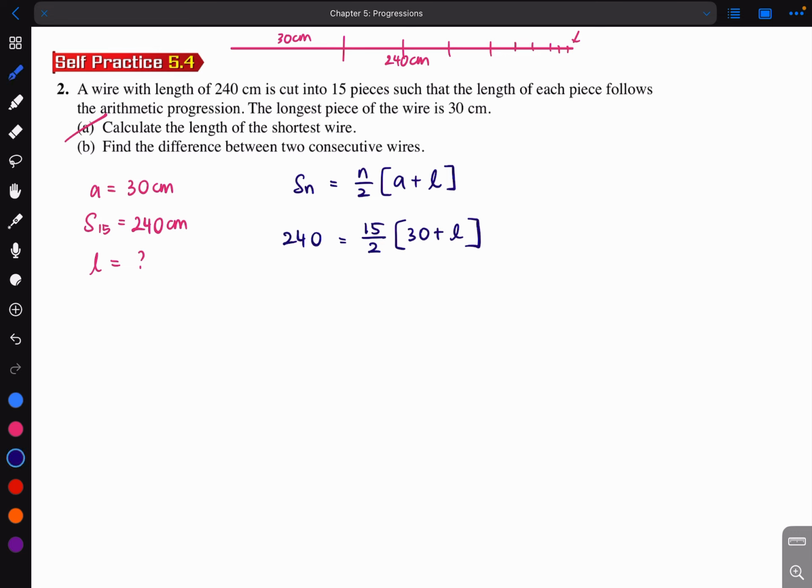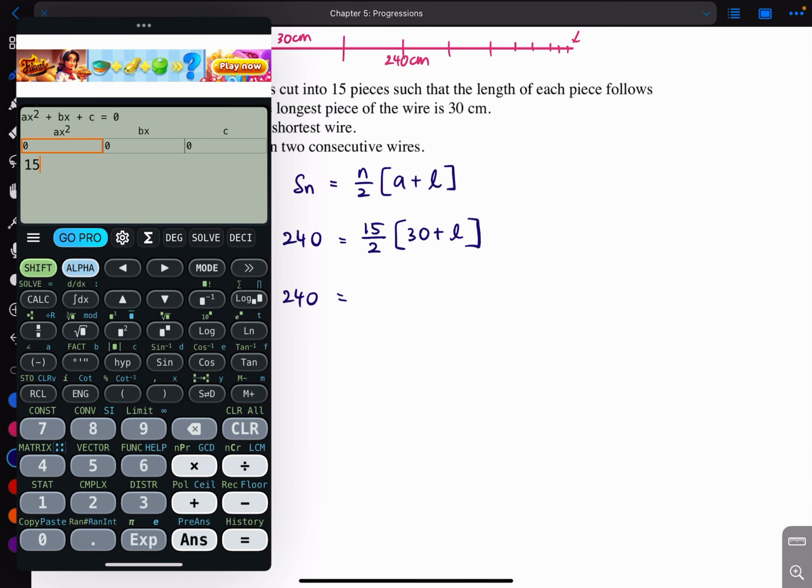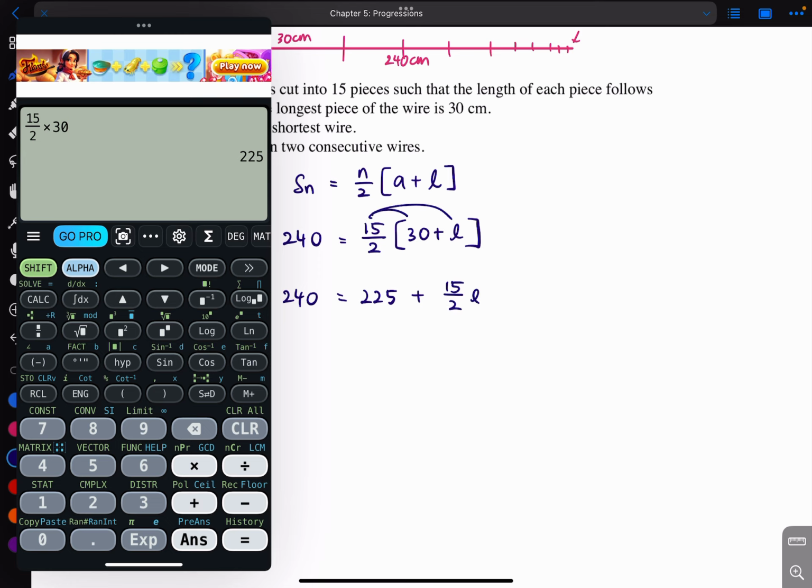Then we calculate. So 240 equals 15 over 2 times 30. Fifteen over 2 times 30 is 225, plus 15 over 2 l. Okay, we just expand now.